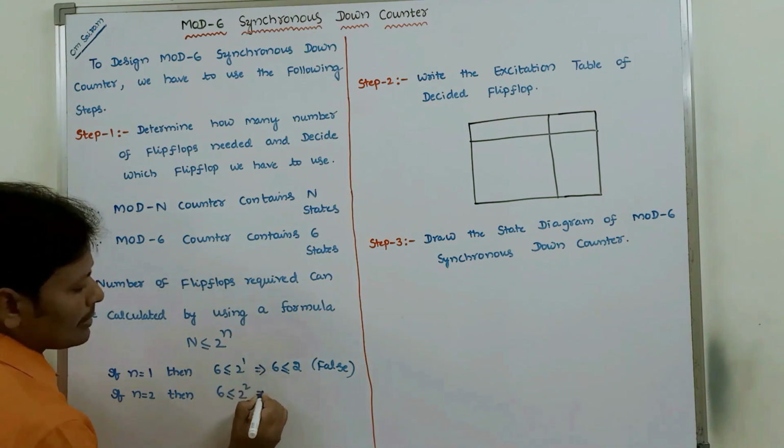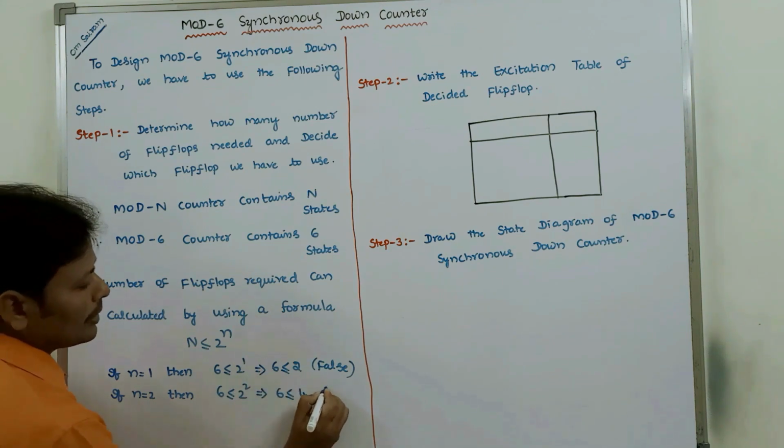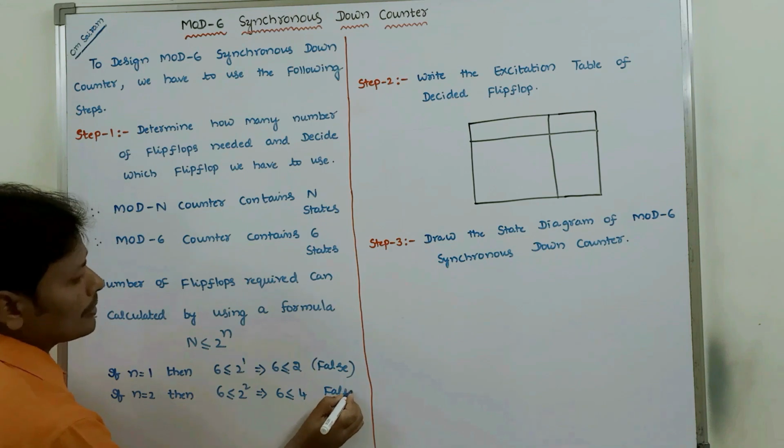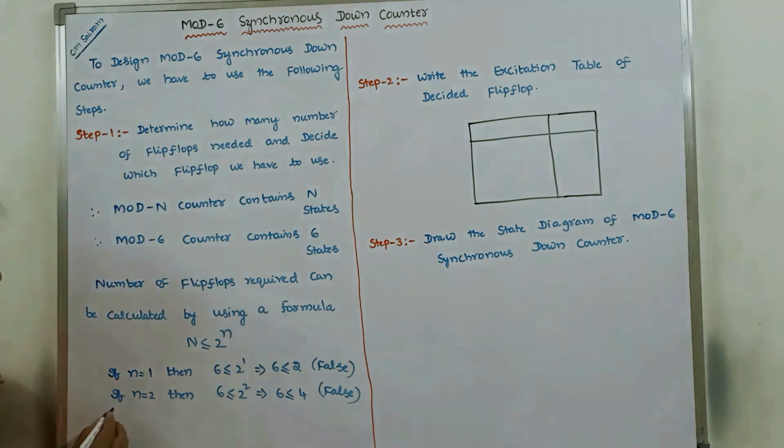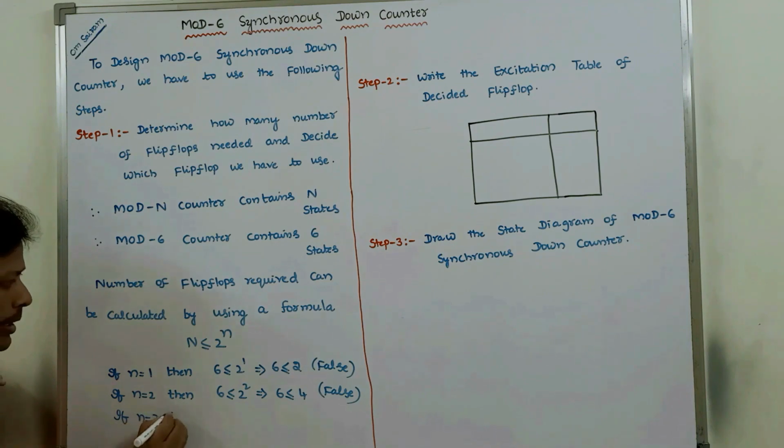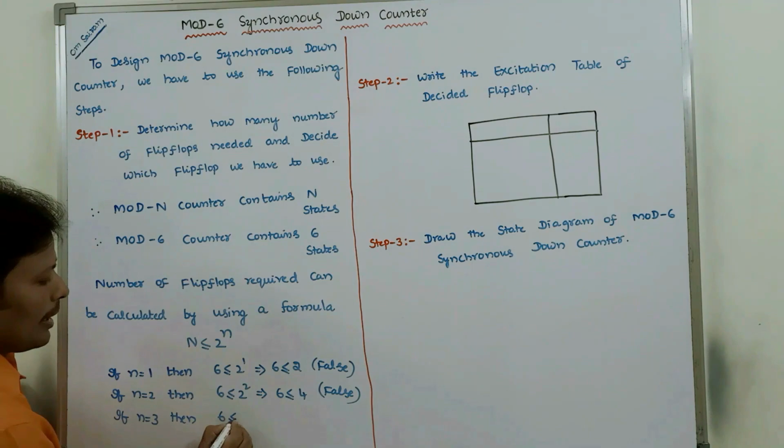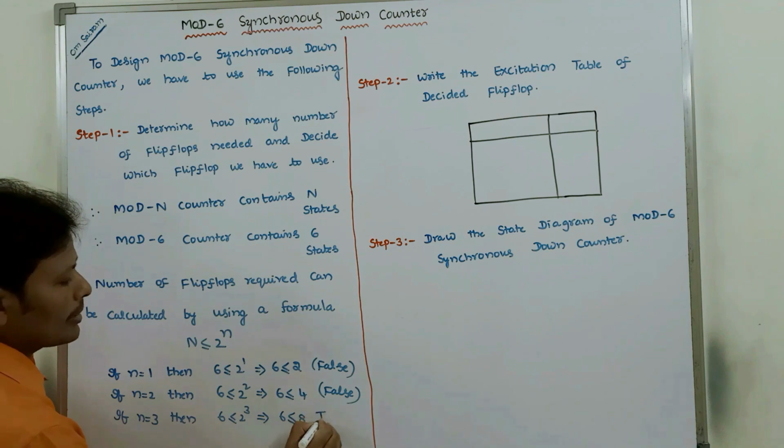That implies 6 less than or equal to 4. That is also false. If n is equal to 3, then 6 less than or equal to 2 power 3. That implies 6 less than or equal to 8. So the condition is true.